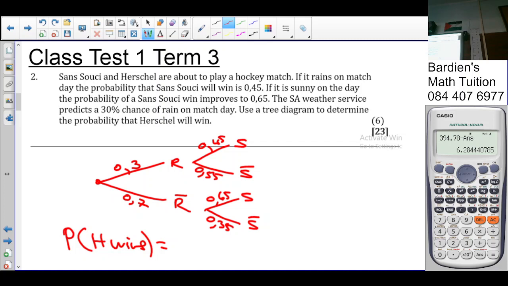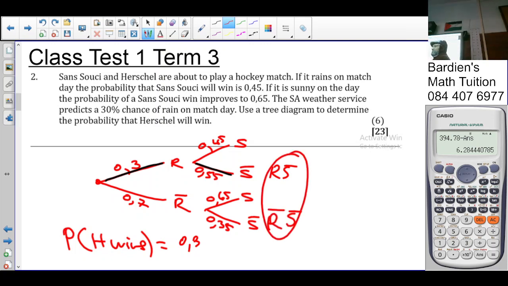So if you look at where Son Susie is losing on the day it rains, it will be 0.3 for rain and Son Susie losing, or not rain and Son Susie losing. These are the two I'm working on.